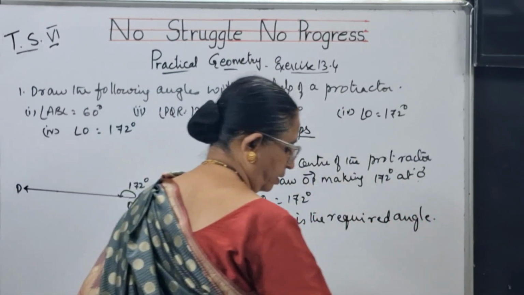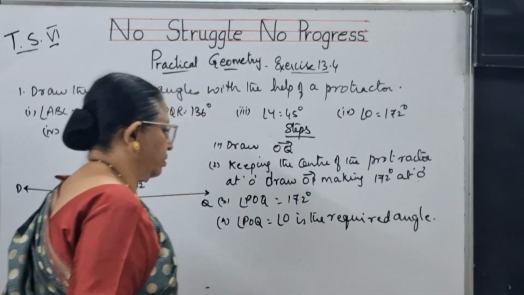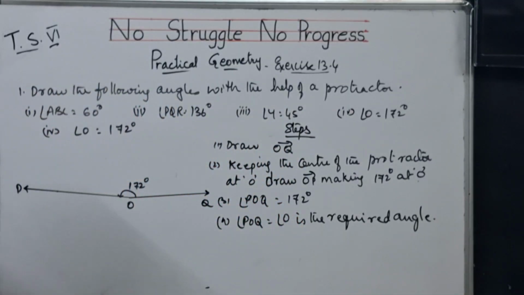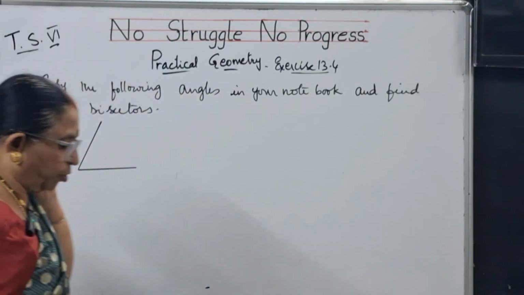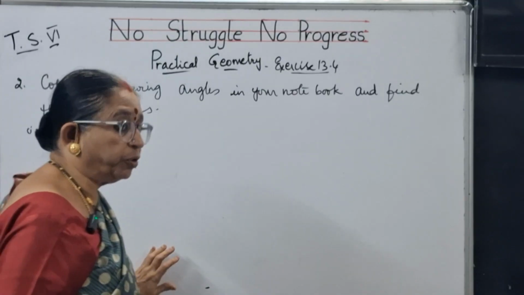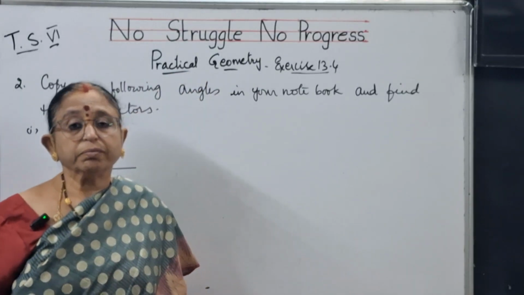So these are the constructions you have got in the first bit, children. All the four I have done. Go through it. So actually the second one is copy the following angles in your notebook and find their bisectors.